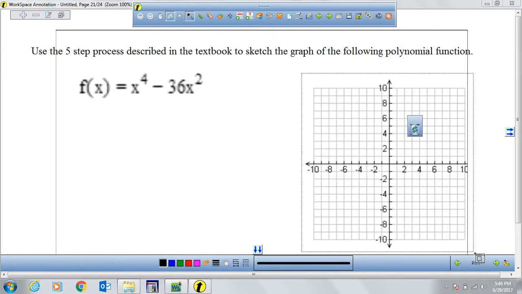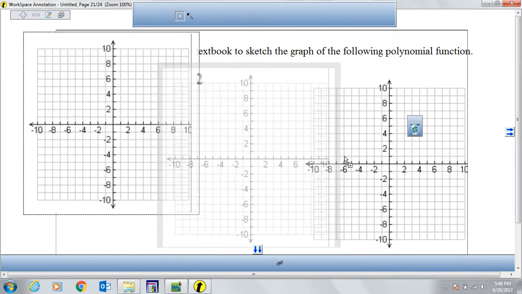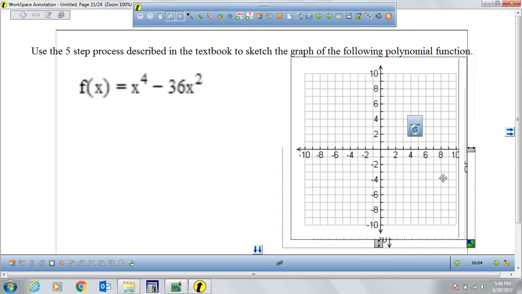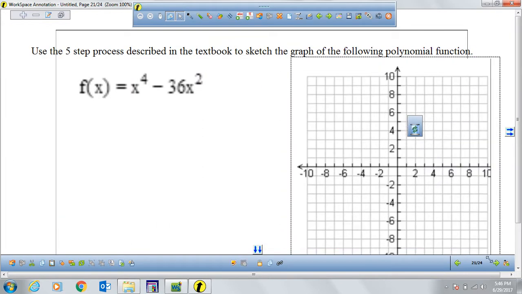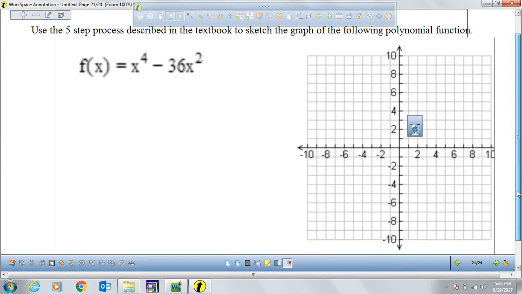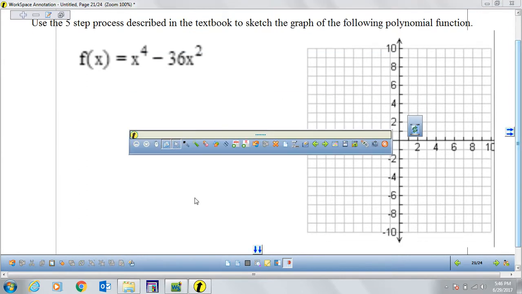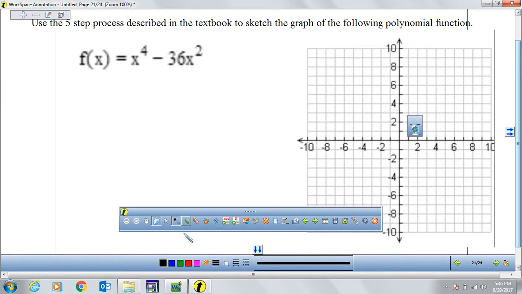So the first thing we have to do is find the end behavior of this function. To determine the end behavior, we're going to look at the degree and the leading coefficient. Right here, the degree of this polynomial is an even degree, and the leading coefficient of this polynomial is a 1, meaning that it is a positive leading coefficient.